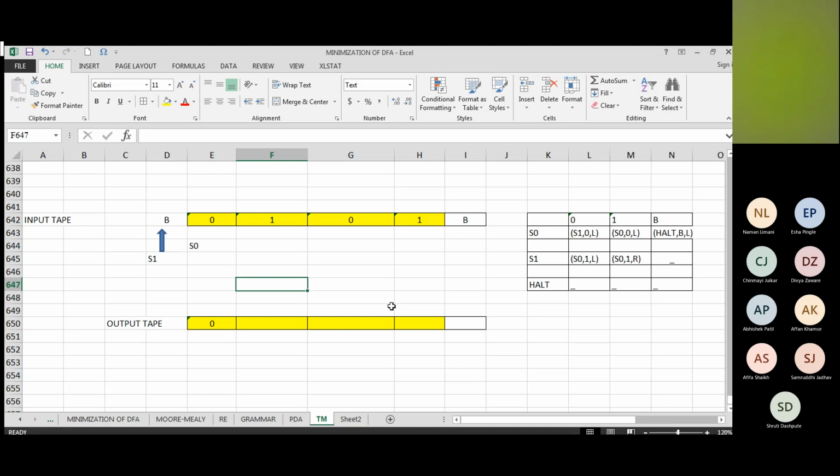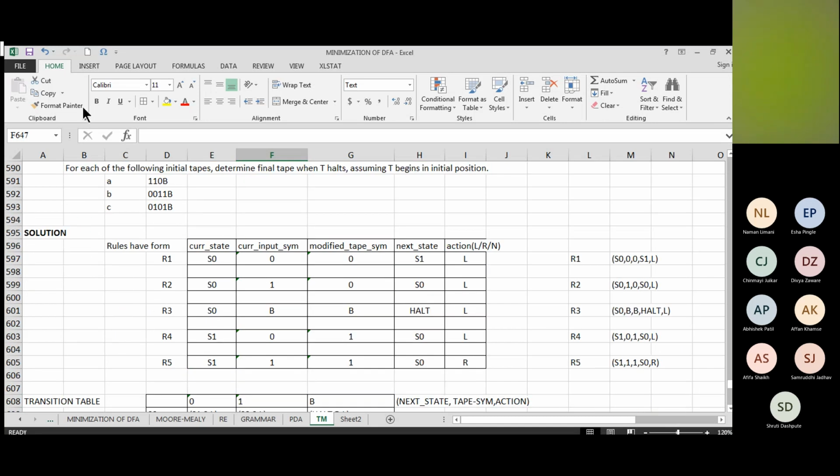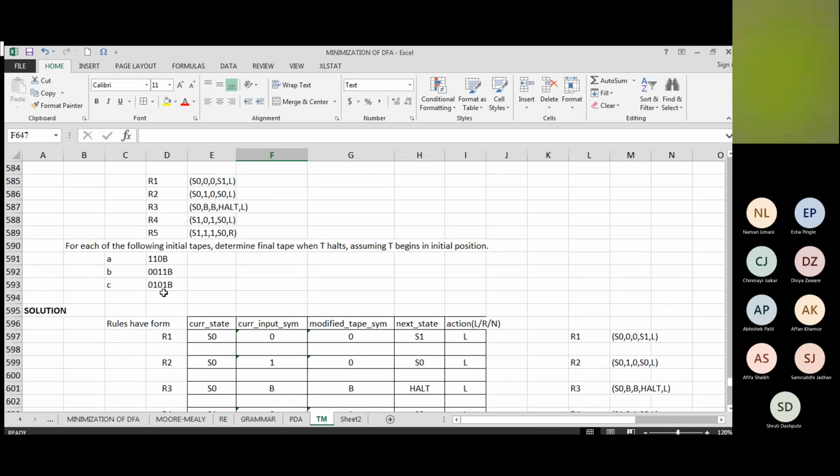No. So here also you will be getting the same thing. Let me check the rules one more time, because for two of them we are getting the same answer, right?